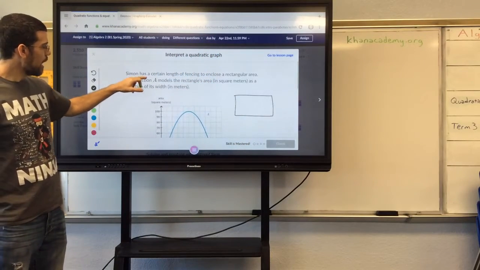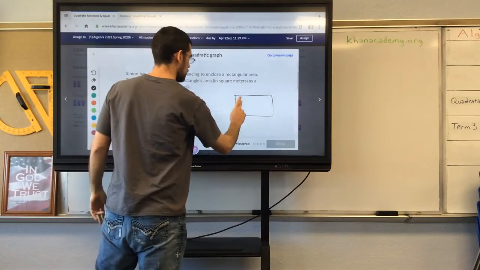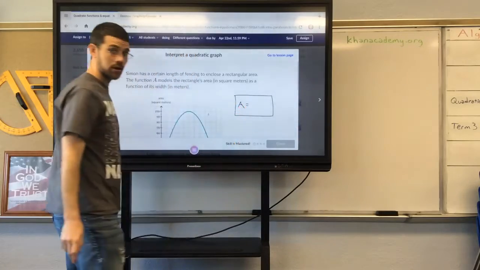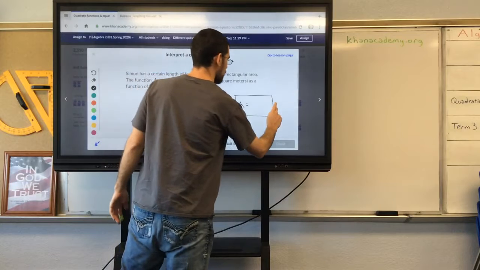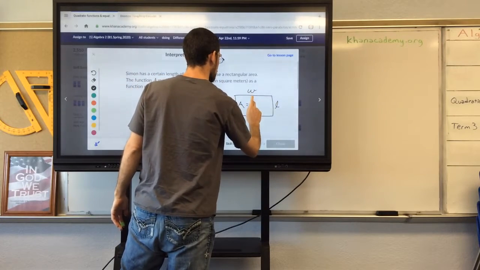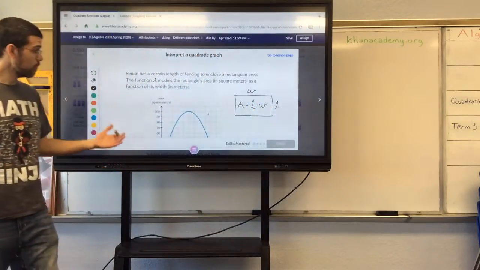and A models the area of the rectangle. So the area equals something. We know what the area of a rectangle is. It's length times width, like that, right?